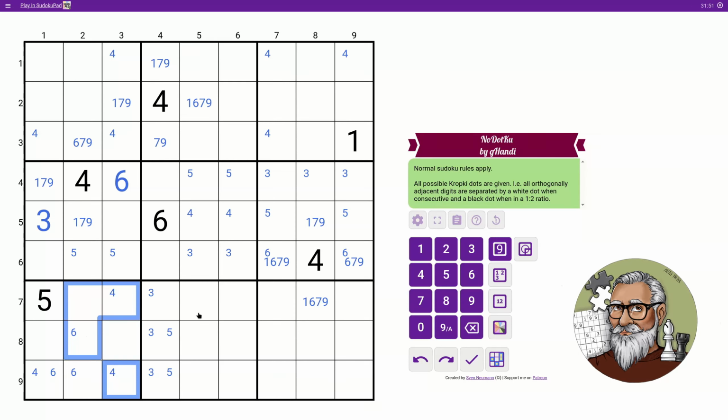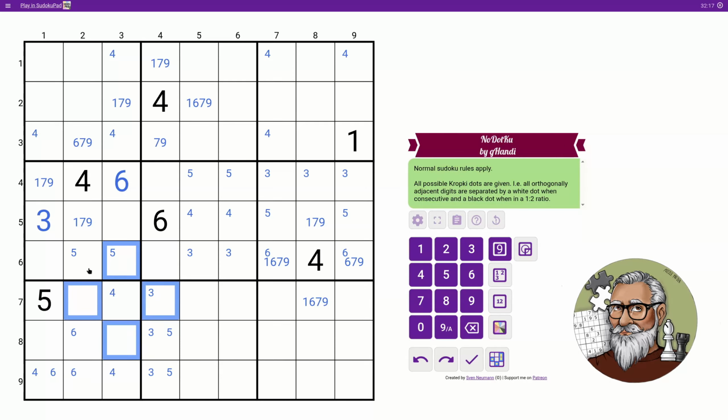What happens if this is 4? Because then we get 179 in all of these. Is that acceptable? Oh, one of these. No, I don't know that one of these is 6. So if this is 4, these would have to be 179.